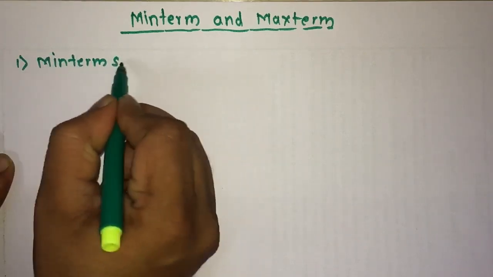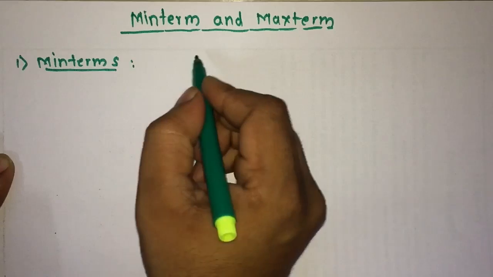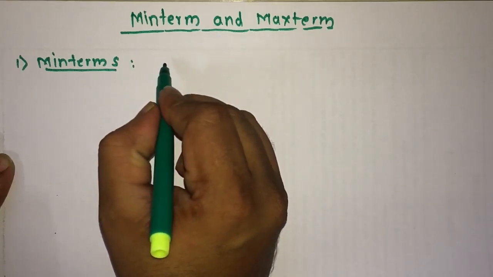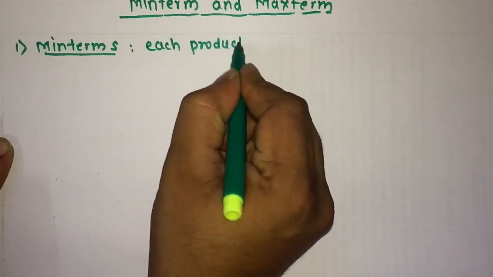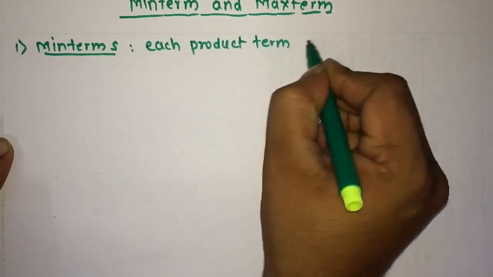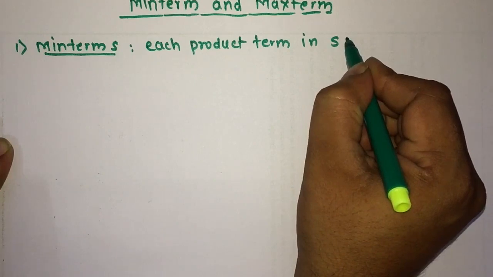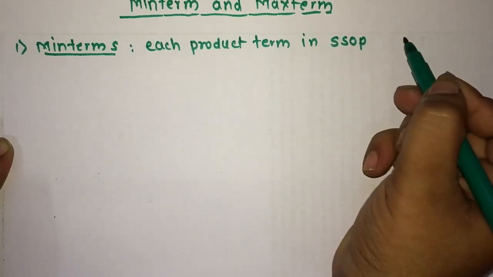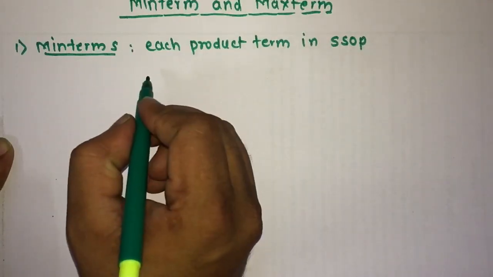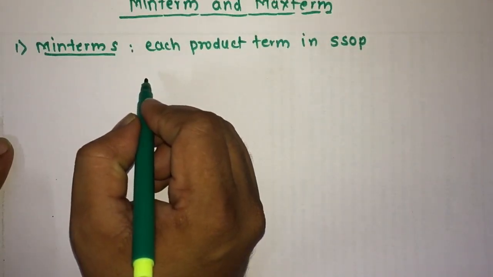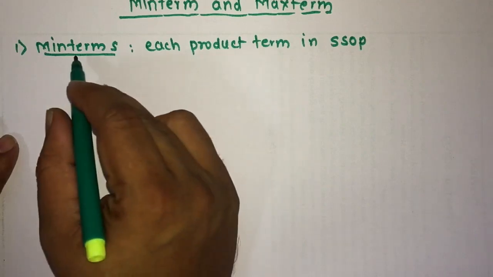Minterm. So minterm means what? Each product term in a standard SOP equation is called a minterm.